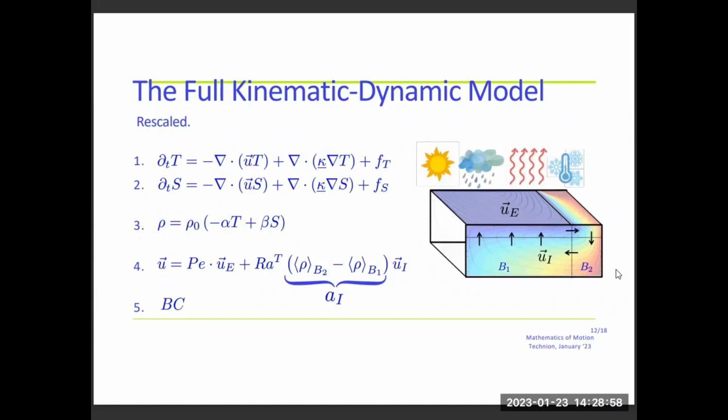I want to emphasize that the flow itself, the U_E and the U_I, could be any incompressible flow that depends on space and time that we choose. Since our motivating example is the North Atlantic, I'm showing you how we take the double gyre with the oscillating demarcation line and the overturning flow. But it could be basically anything, and this model is very versatile and could fit many physical systems.